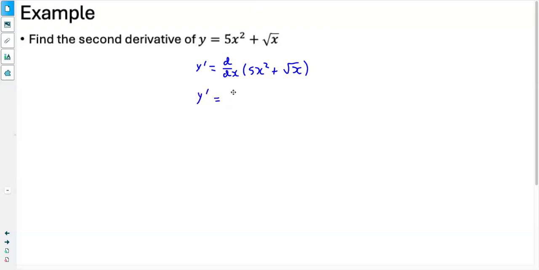So that would just be d/dx of 5x squared plus d/dx of the square root of x. So our first derivative is 10x plus 1 over 2 root x.